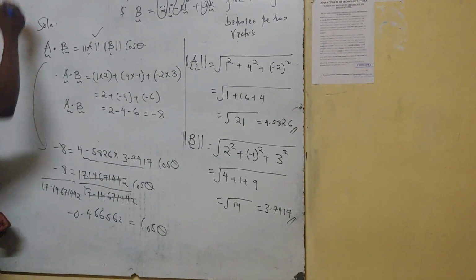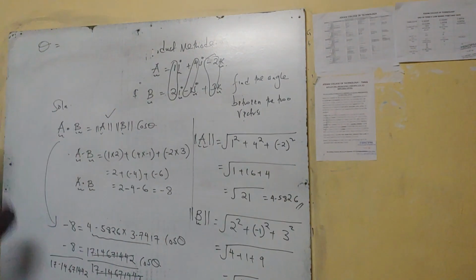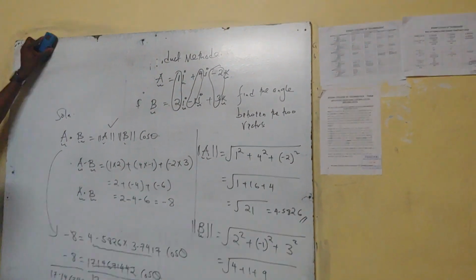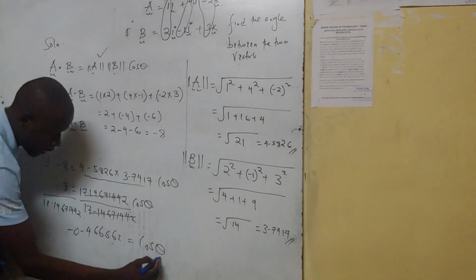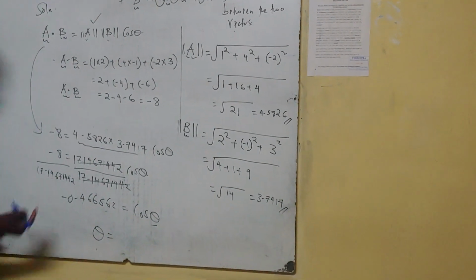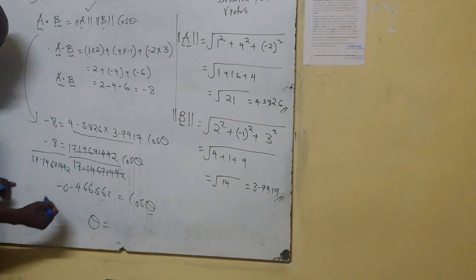And then for us to find the angle that we require, which is theta, theta can be obtained by finding the cos inverse of what is on the left hand side of the equation.